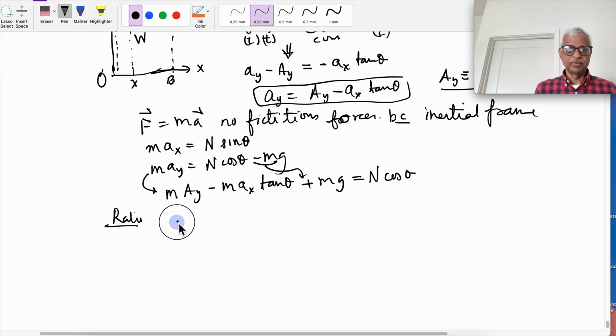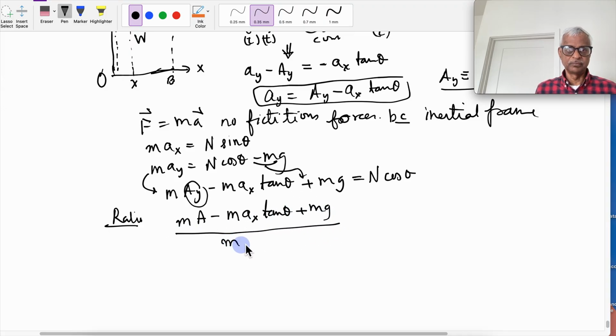So MA, call this A, MAX, and the M cancels out. The M is in every term upstairs, and same as downstairs. They all cancel out.